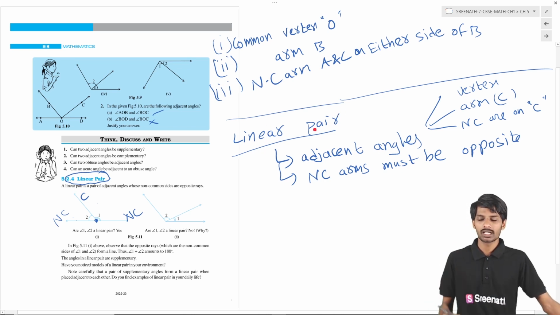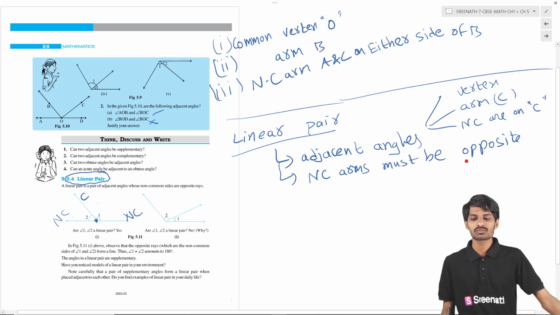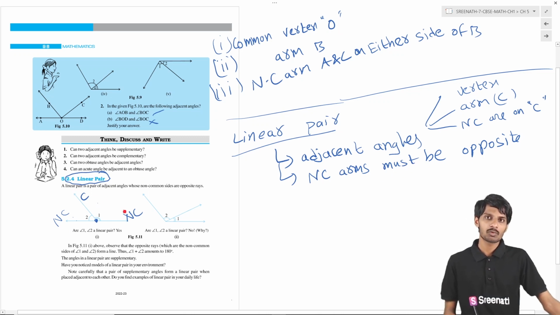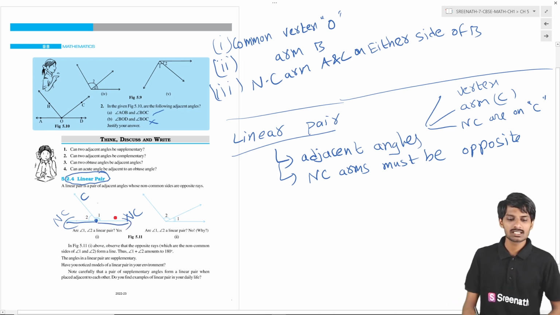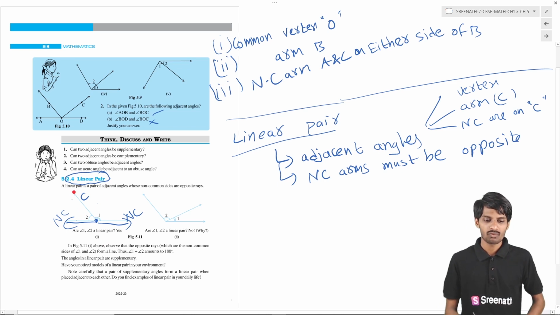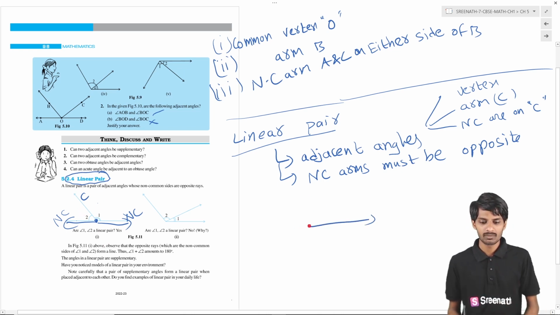But there is one more condition: the non-common arms must be opposite. So this is a non-common arm, this is a non-common arm, and if you see clearly, both are opposite to each other. So finally, these are a linear pair. One angle is this, another angle is this, and this is the common arm. Angle 2, angle 1.